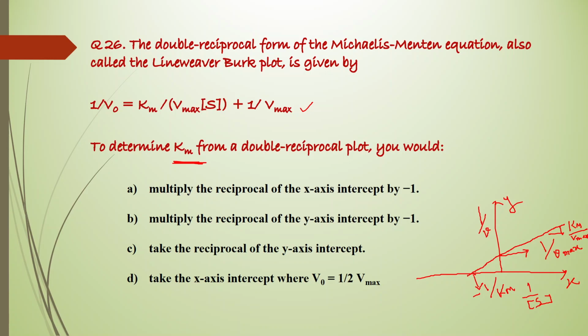Here the intercept at the x-axis is -1 by Km. In case of double reciprocal plot, the x-axis intercept is -1 by Km.